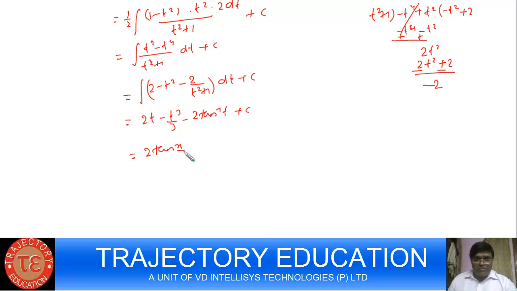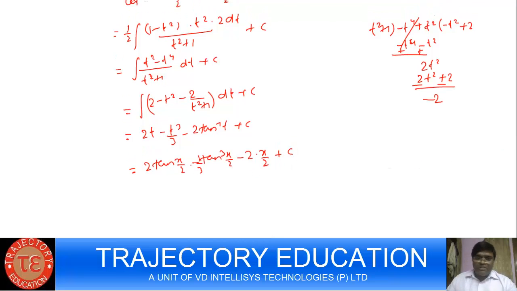So this is 2 tan (x/2) minus 1/3 tan cube (x/2), and 2 tan inverse t means 2 times x/2, plus a constant.